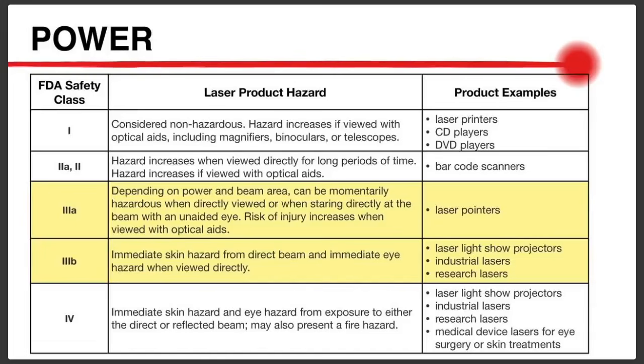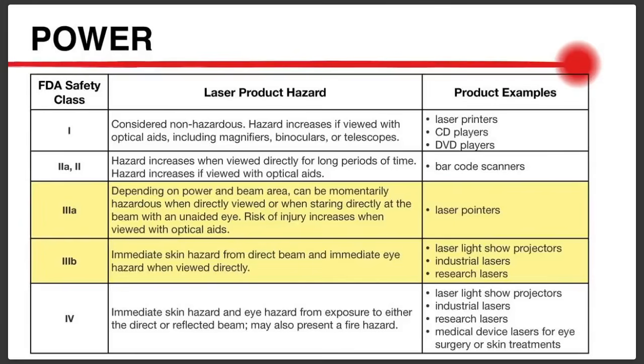3B, danger. Danger even to the skin in some cases. Immediate eye hazard on a 3B laser. These are your heavy duty lasers, used in industry, research, light shows, stuff like that. You have to wear goggles when you're around these things. And then there's class 4 lasers that will burn you, that will burn things, that will present a fire hazard.